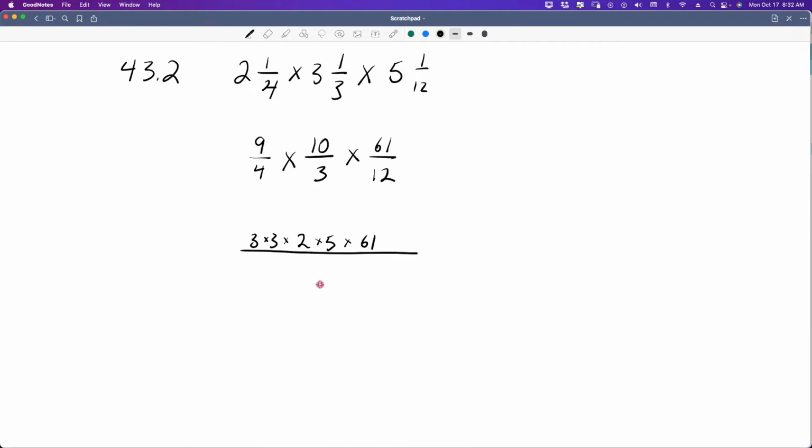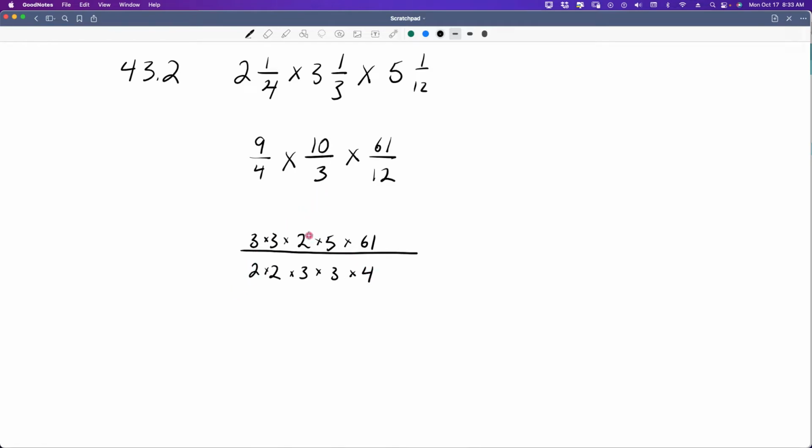There are no factors of 61. 4 is 2 times 2 times 3, which is a prime number, times 12, which is 3 times 4. Now I could factor this into 2 times 2, but I know from looking at these factors up here that I don't only have 1 2, and that's going to be taken away by one of these. So there's no point in factoring this out. All right, I can leave it the way it is.